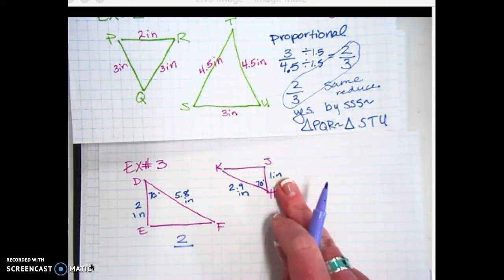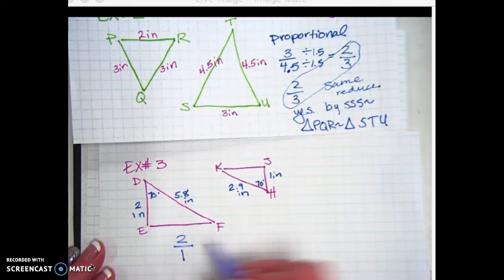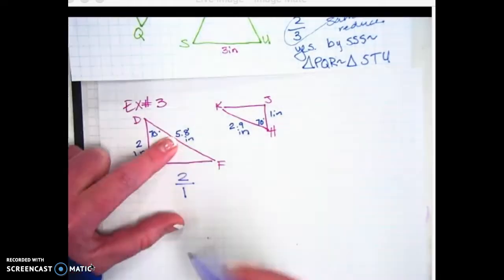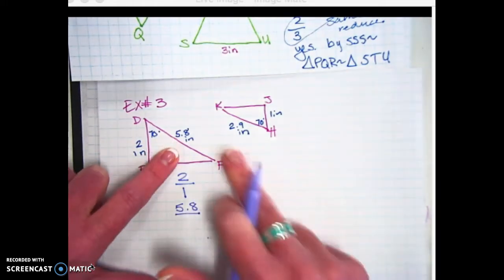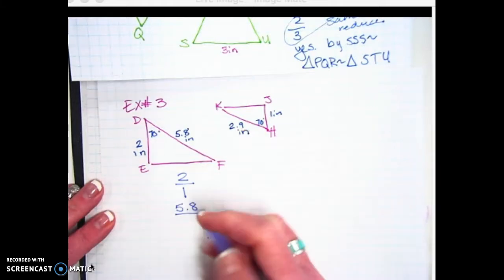So obviously the 1 is shorter. So we've got a 2-to-1 ratio. Just so happens that we can't reduce that one, right? Okay, now let's do the longer sides. The longer one on the bigger triangle is 5.8, and the smaller triangle is 2.9.